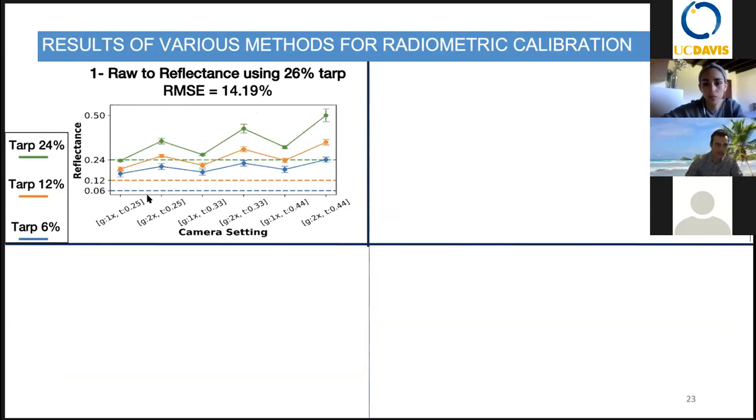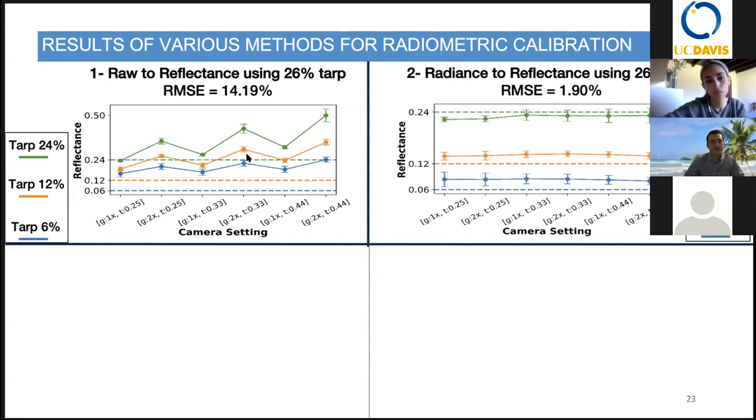If we don't do the radiance conversion, we can see that the values are different depending on the camera setting. So we don't know which camera setting we should use. If we use this, and the next time we use this, these two, although they are from the same field, are not comparable because we can see different values. These three dots should be matched to these three dotted lines, but none of them has been like that.